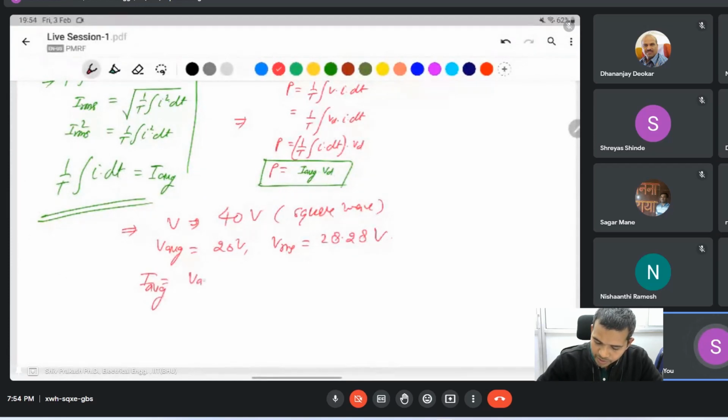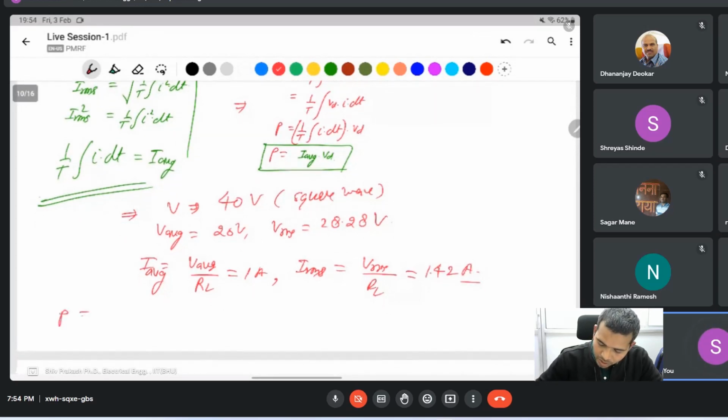Average current is V average by RL, 1 ampere. I RMS is V RMS divided by RL, 1.4 something, approximately 2 ampere. Power loss is I RMS square into RL plus I average into VD.